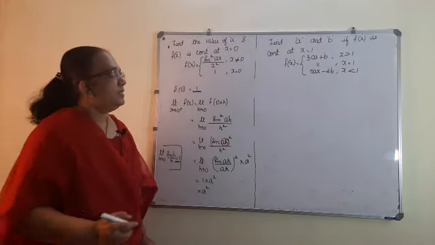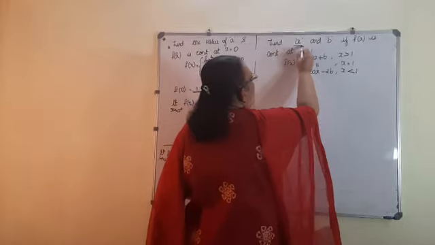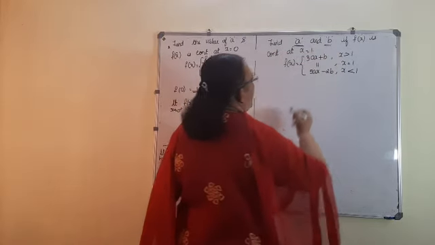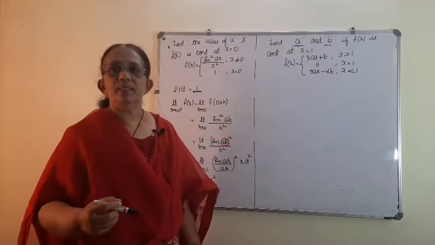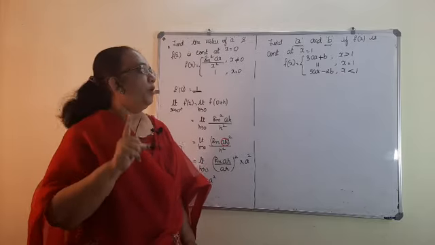Here the difference is you have to find two values, a as well as b, given that the function is continuous at a particular point.